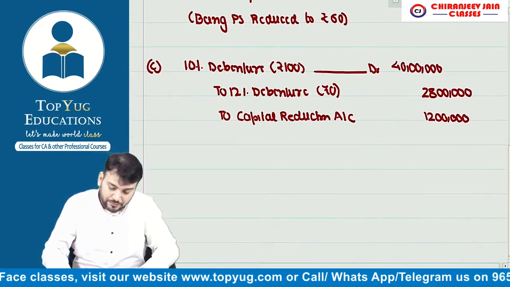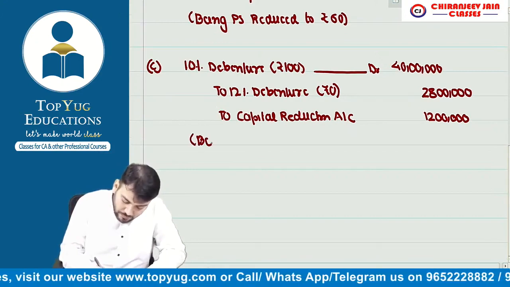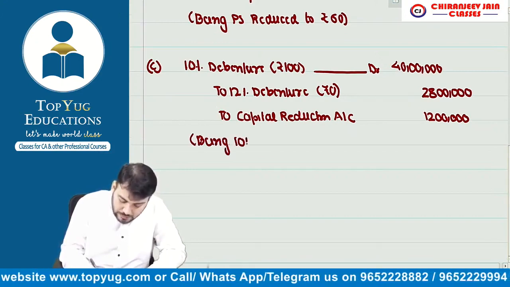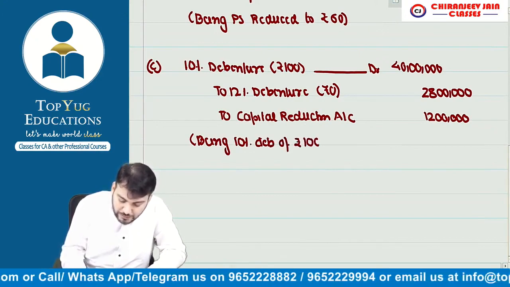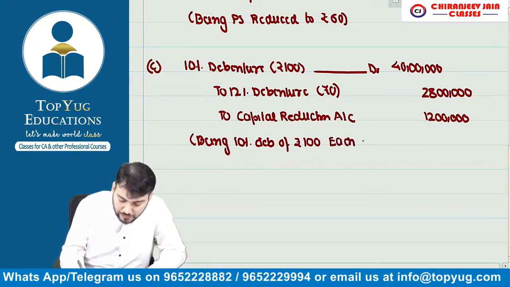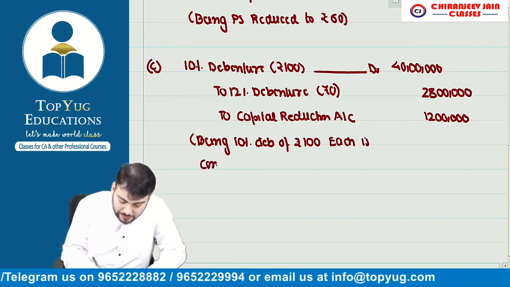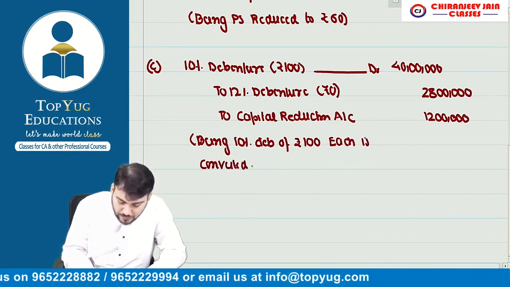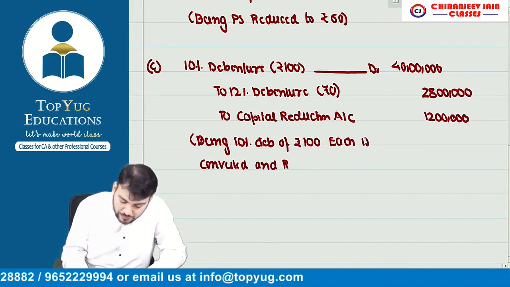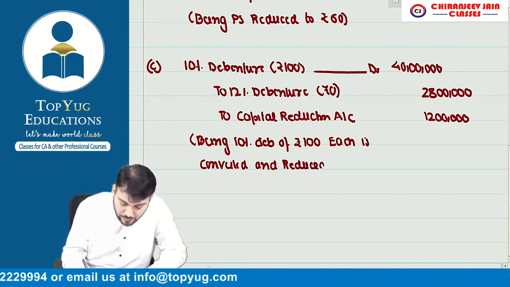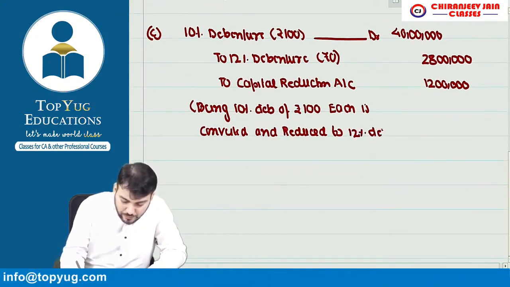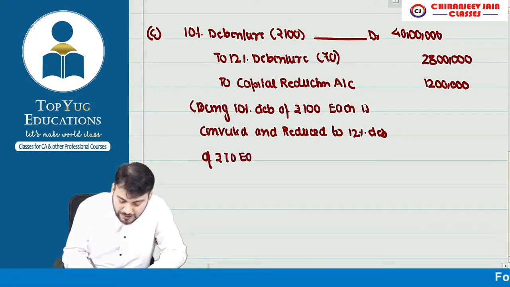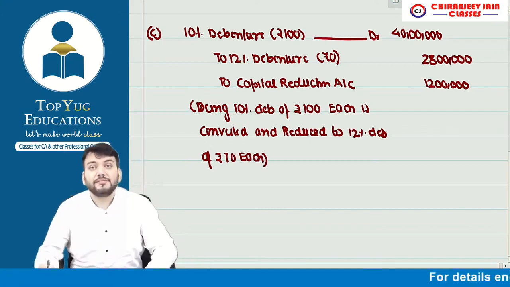So look, being 10% debenture of ₹100 each is converted and reduced to 12% debenture of ₹70 each.